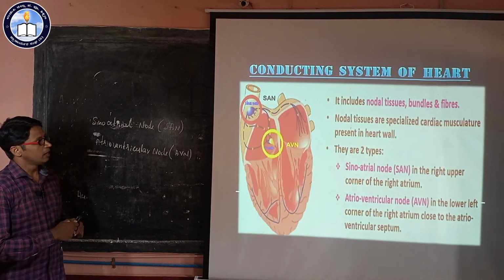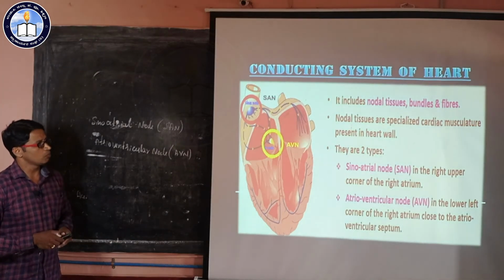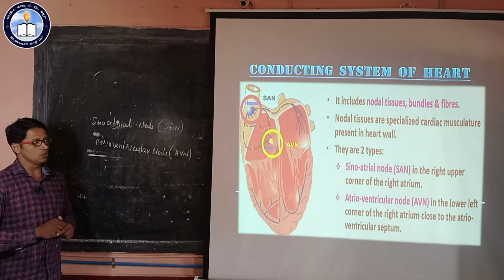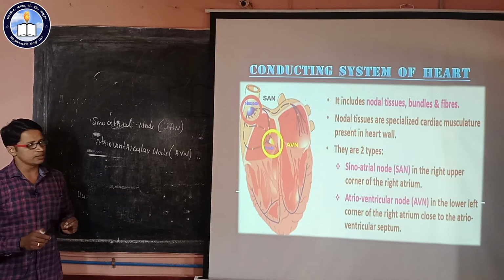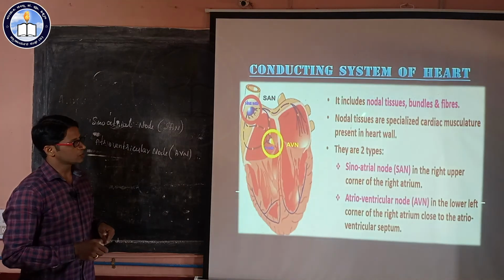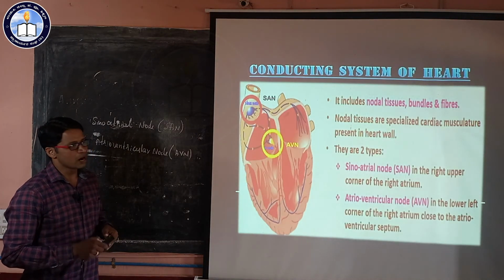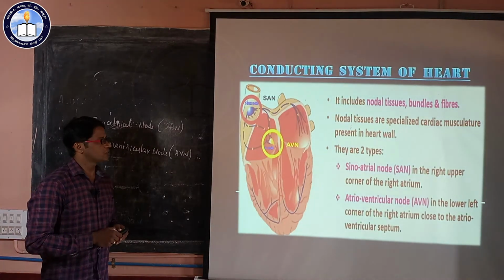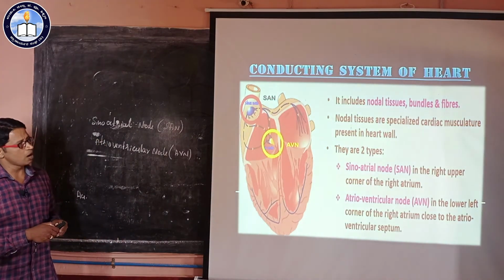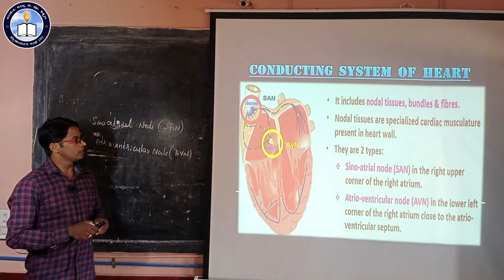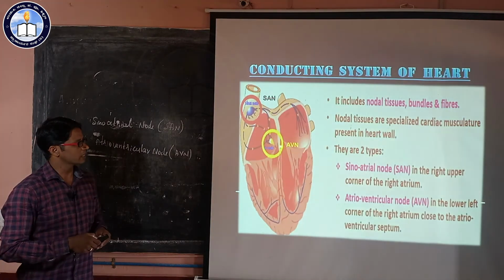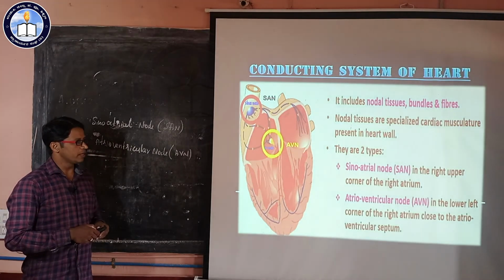So in the human conducting system, what do we see first? The nodal tissues. Nodal tissues are nothing but specialized cardiac musculature present in the heart wall. They are of two types. One is called the sinoatrial node and the next is the atrioventricular node.